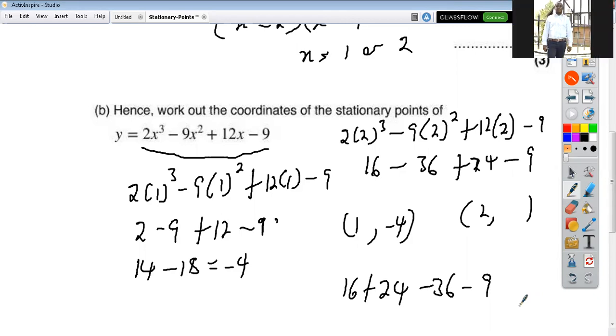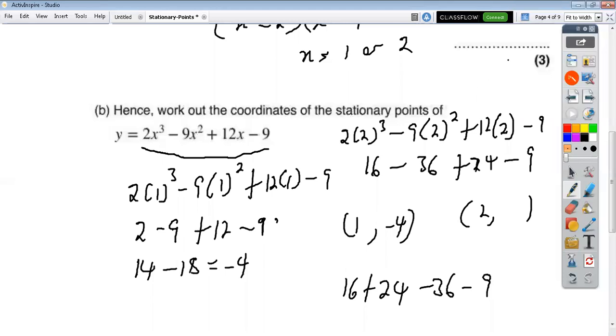What values do you get? You're saying 16 plus 24, that's 40. I'm getting negative 5. Negative 5. Yeah. Is that correct? Yes, sir. Minus 9 brackets 2 squared plus that multiplied by 2 minus 9. Negative 5, correct.